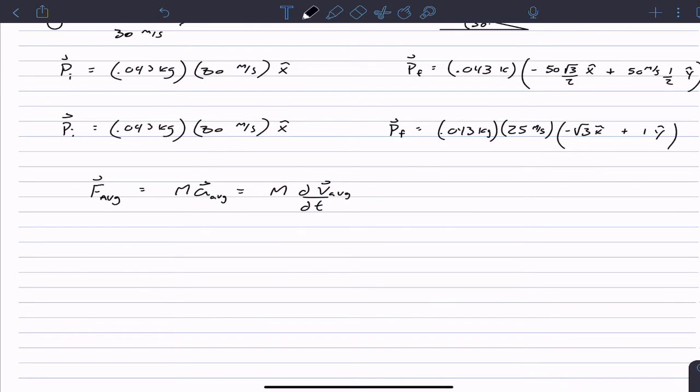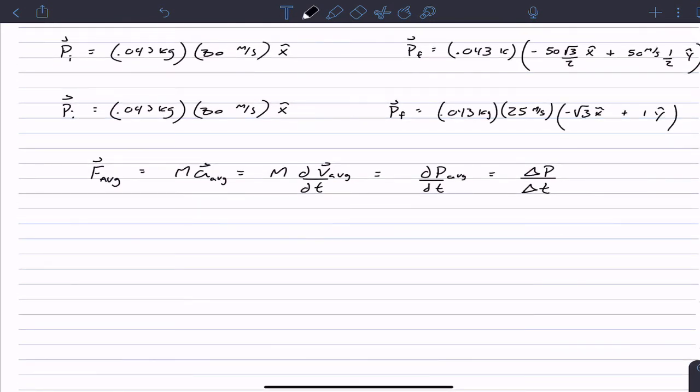We can also think of this as just the average change in momentum, or delta p, where p is mv. And so if we write it like this, dp dt, this is average, right? Since we're talking about averages, this is going to give us delta p, change in momentum, over the change in time.